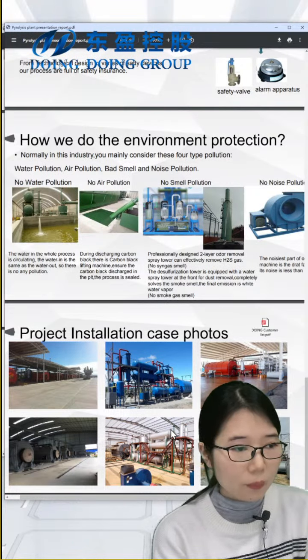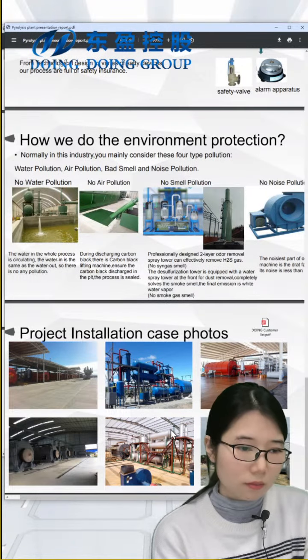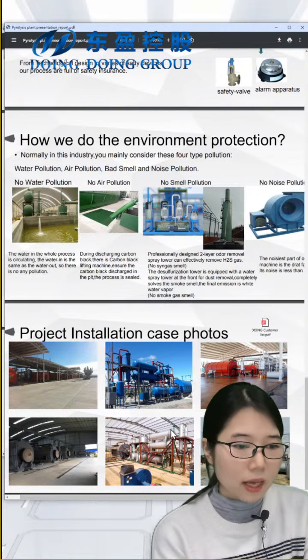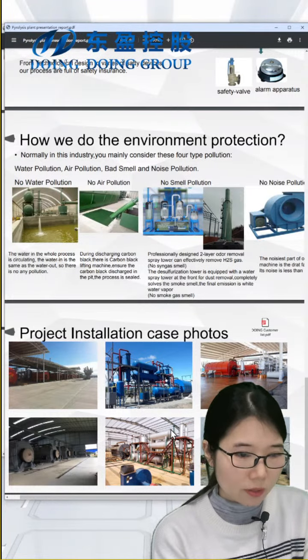He can help you install the machine, debug it and run it. He will show your workers how to operate the machine, so that your workers can learn how to operate it.